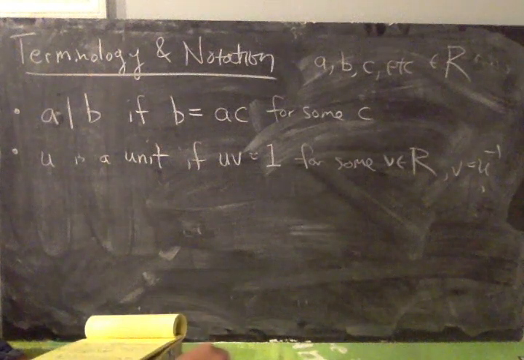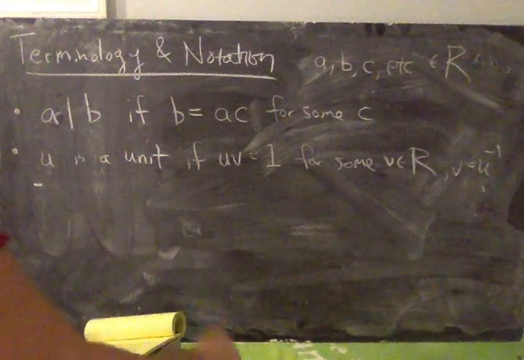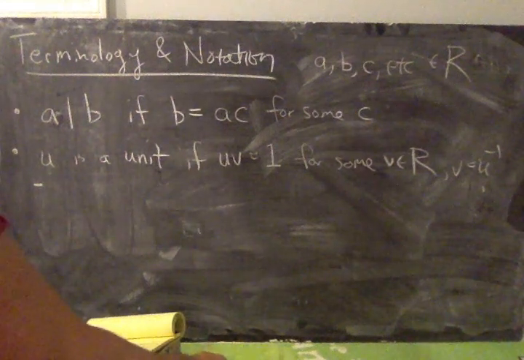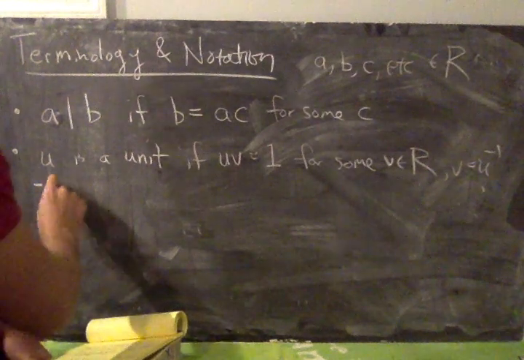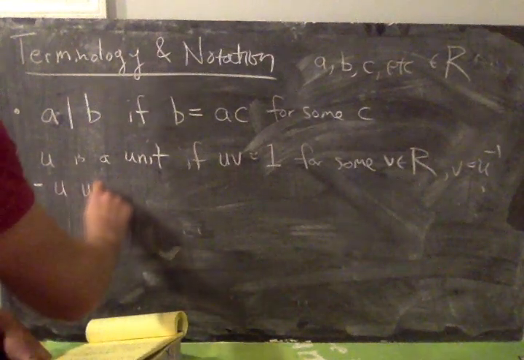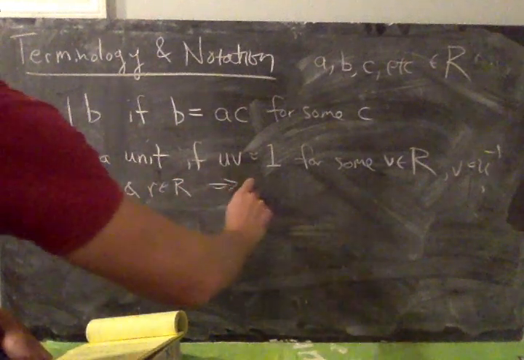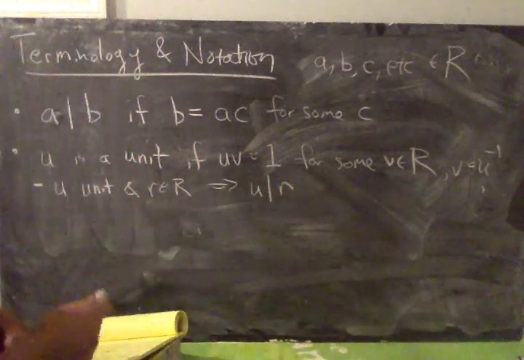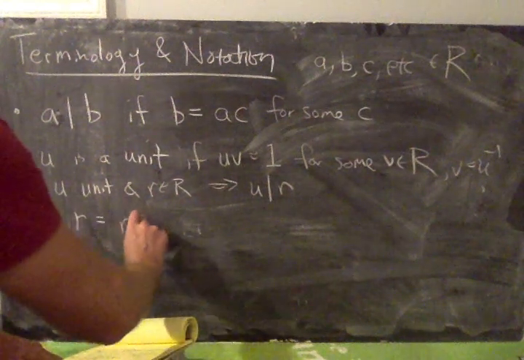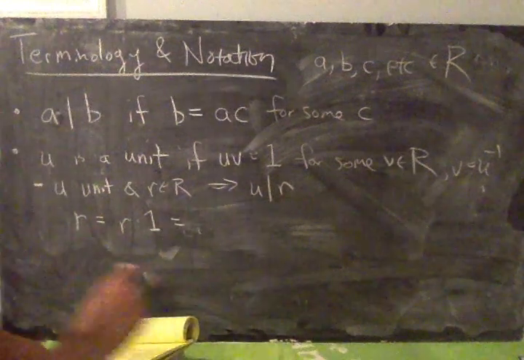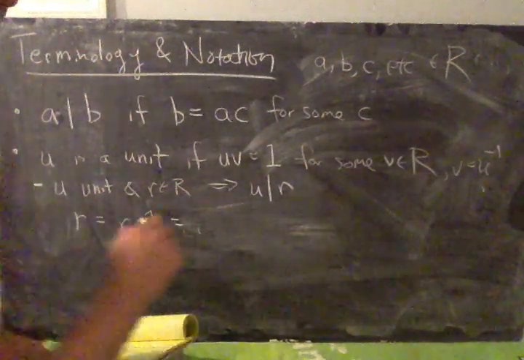One thing you can note about a unit is that a unit divides anything in the ring. So if U is a unit and R is in the ring, then U divides R. We can see that quite simply, because R is R times the identity, and if we have a unit, we can write the identity as the unit times its inverse.